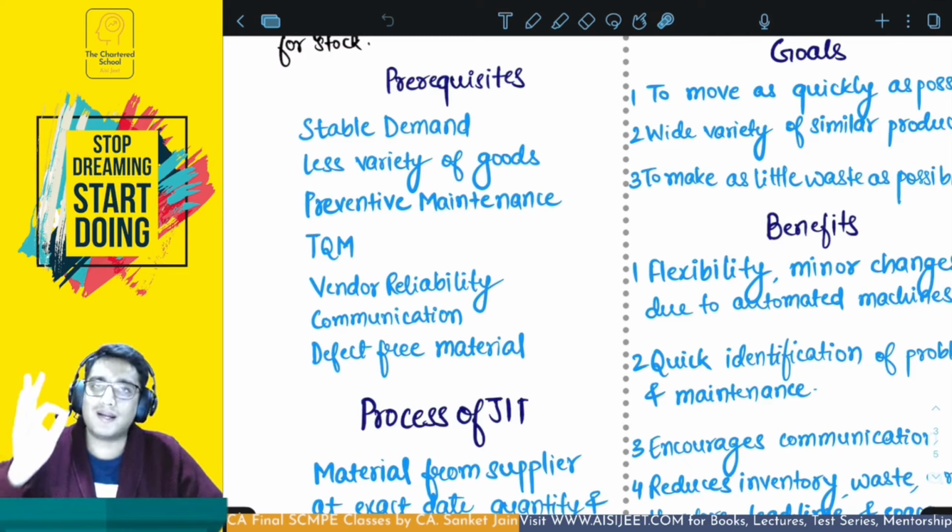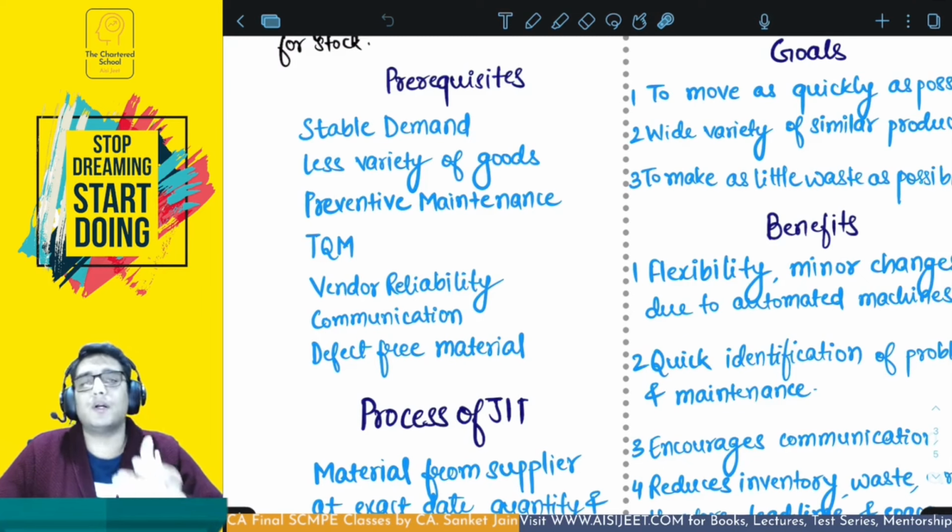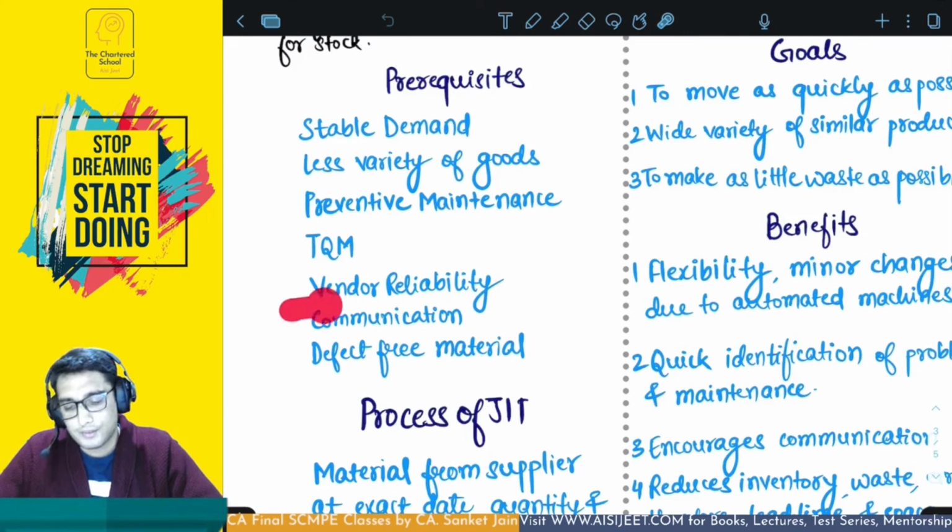And we want exact quantity to be delivered to us, because if the quantity delivered is lesser than what we had required, then we will not be able to produce the amount of units of products that we were going to for the customer satisfaction. And if they provide us with more units than what was required, then we will have a buffer stock that we don't have the storage capacity for, or we don't want to store even if we have the capacity. So vendor reliability is very important.